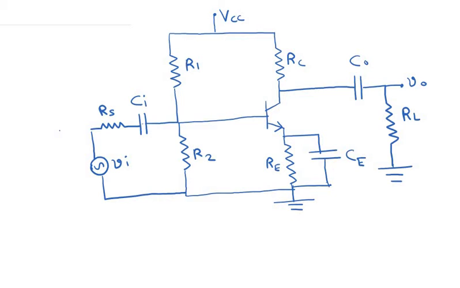Because we know that a transistor basically consists of two PN junctions, two back-to-back PN junctions, and we have learned when we did diodes that a PN junction has a capacitance of its own.